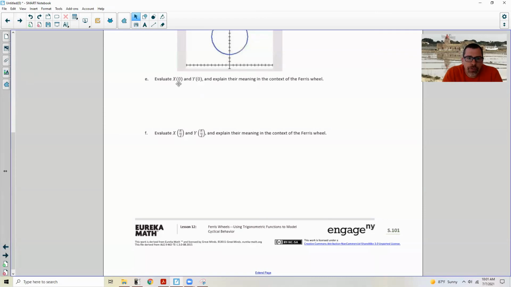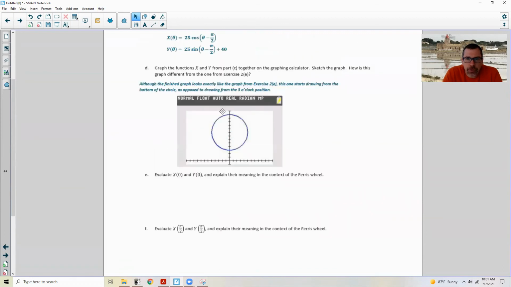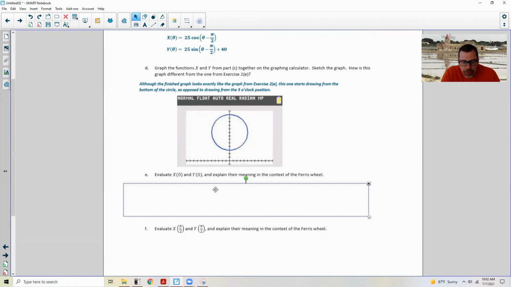So part E says to evaluate x of 0 and y of 0 and explain their meaning in the context of the Ferris wheel. So what we're doing is we're putting a 0 in here for theta. So the cosine of negative pi over 2 would be here, which is 0, times 25, which is 0. And the sine of negative pi over 2 is right here. And that's what they're asking here.